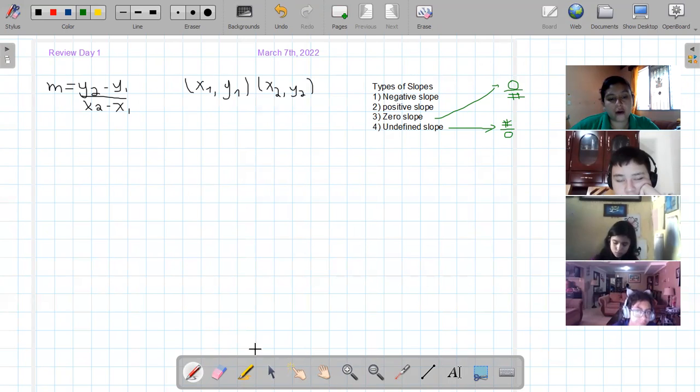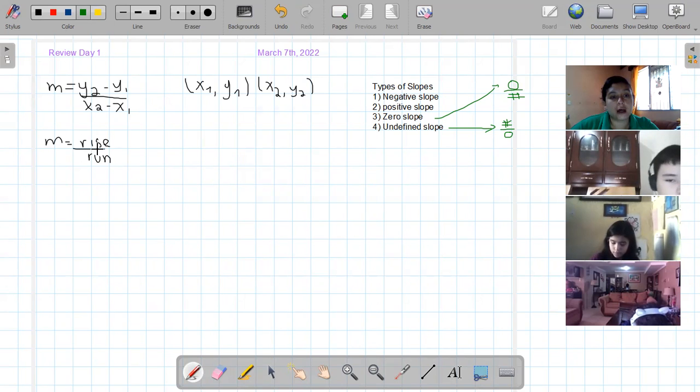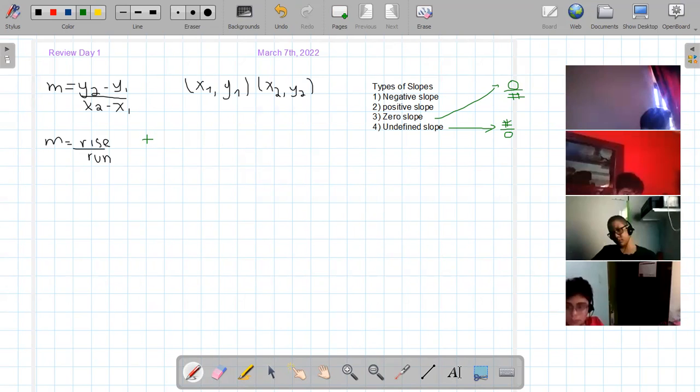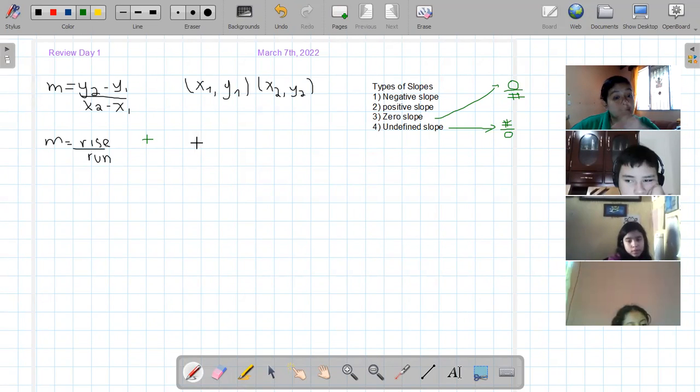okay? This other formula that we have is the rise over the run. The rise is the change in y. You count the spaces, and the run is the change in x. We also have some information about this rise and run. If the rise is positive, it goes up.